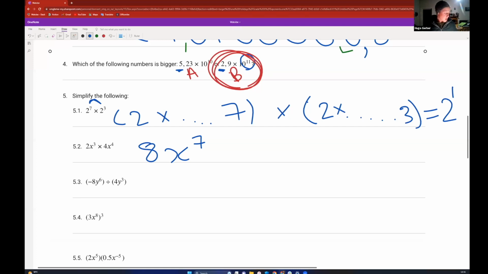5.3 was a bit more complex, although it looks to be more complex. But remember, when we divide, we just do the opposite of what we do when we multiply.